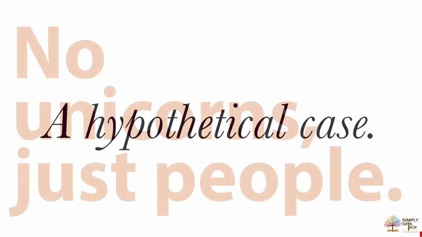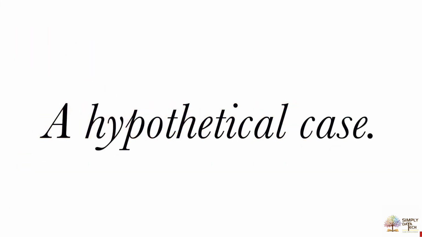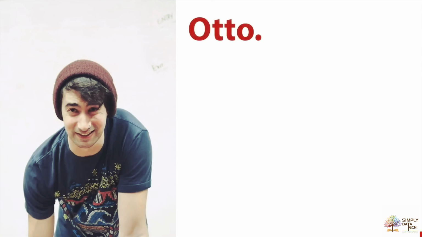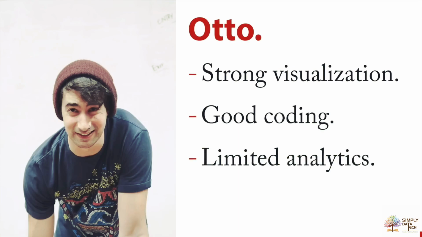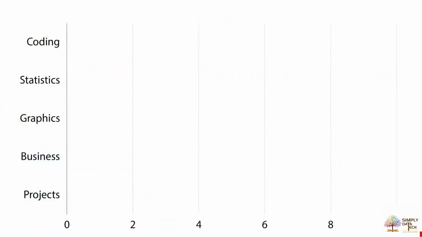So let's take a hypothetical case just for a moment. I'm going to give you some fictional people. Here is my fictional person, Otto, who has strong visualization skills, who has good coding, but has limited analytics or statistical ability. If we graph his abilities, here we've got 5 things that we need to have happen.